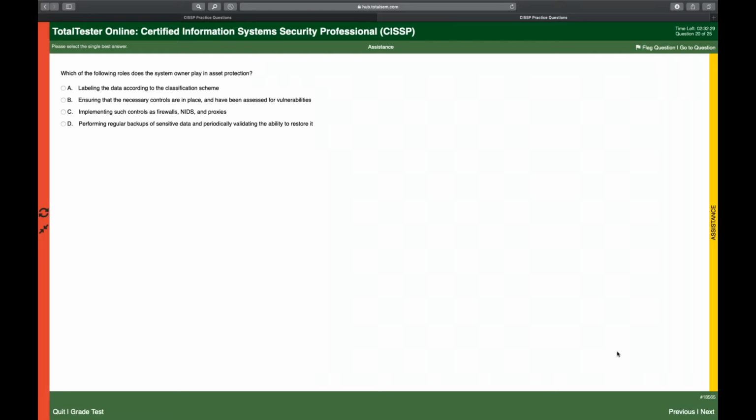So labeling data, that would be the data owner's responsibility. Alpha. Bravo, ensuring that the necessary controls are in place. That would be more of a security role, but could be viable. Charlie, implementing such controls, definitely not going to be the system owner. The owner's not going to be implementing anything. He may make the decisions, but he's not going to implement.